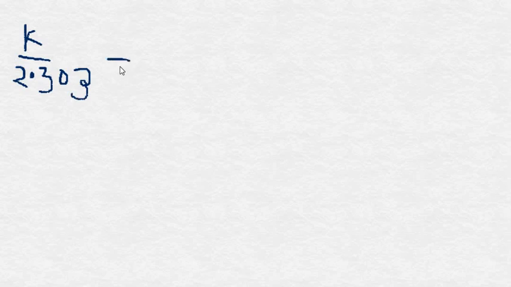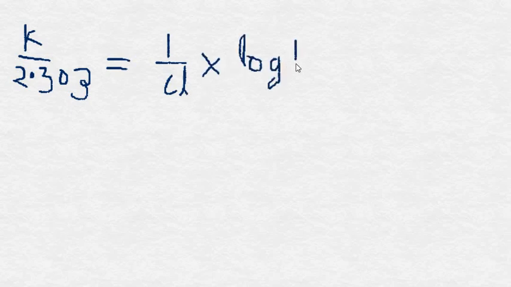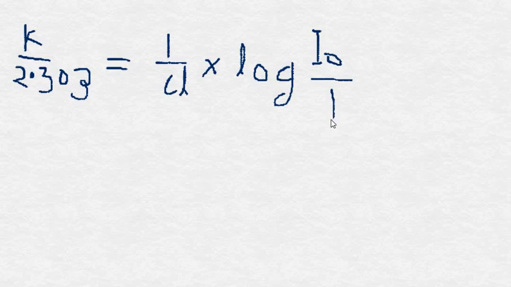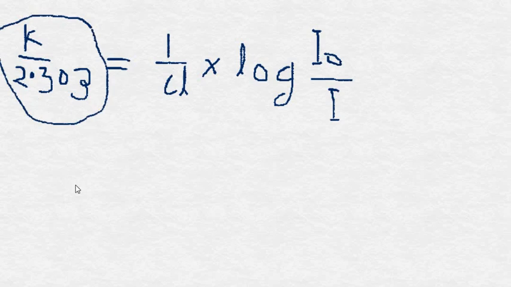The previous equation can be rewritten as k by 2.303 equal to 1 by CL into log I naught by I. Please note that this portion k by 2.303 is known as the molar coefficient of absorption and can be replaced by epsilon.